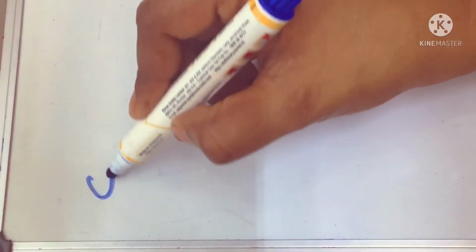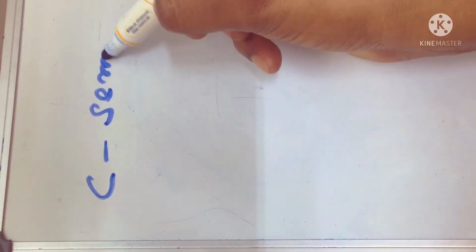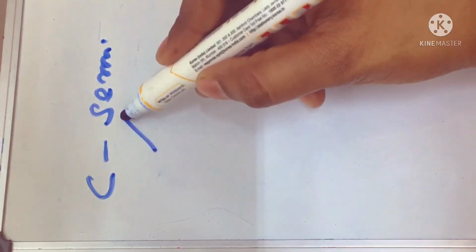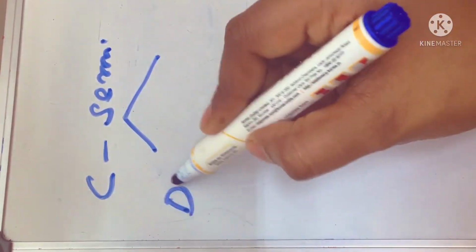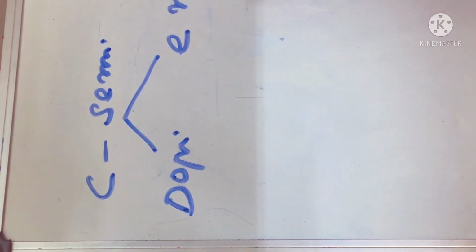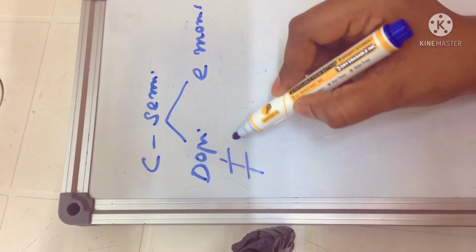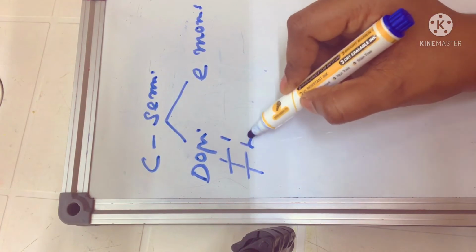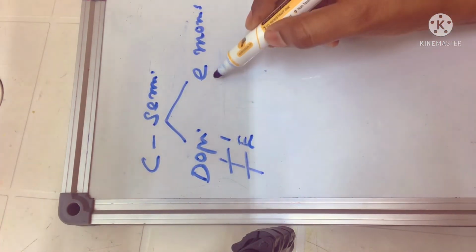Next is the classification of semiconductors. We can classify semiconductors based upon doping and based upon electron momentum. Based upon doping, we all know intrinsic semiconductors and extrinsic semiconductors.